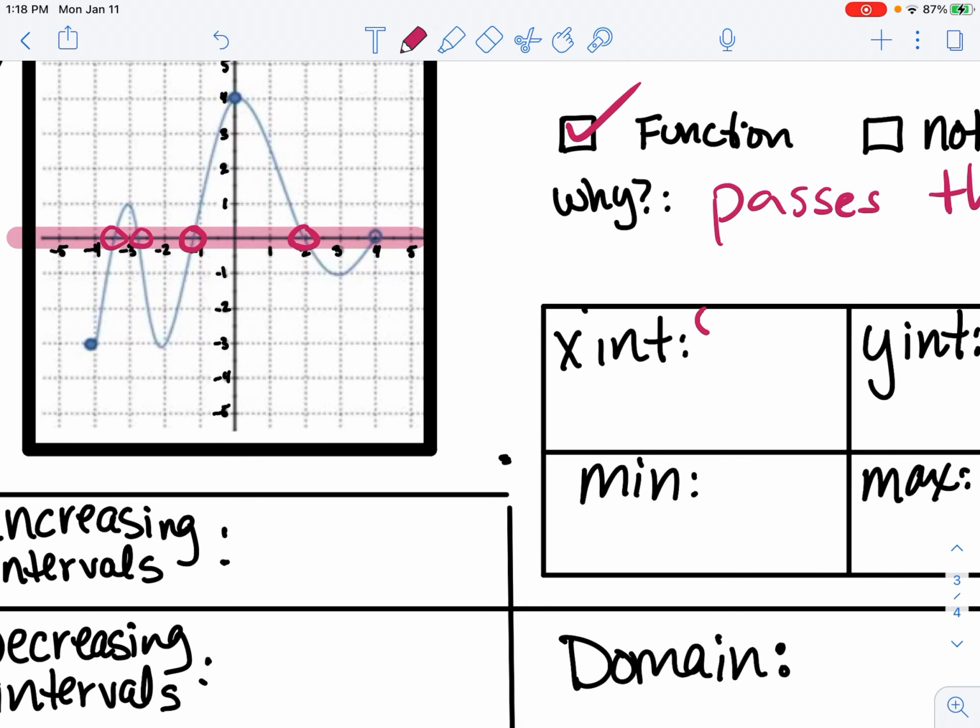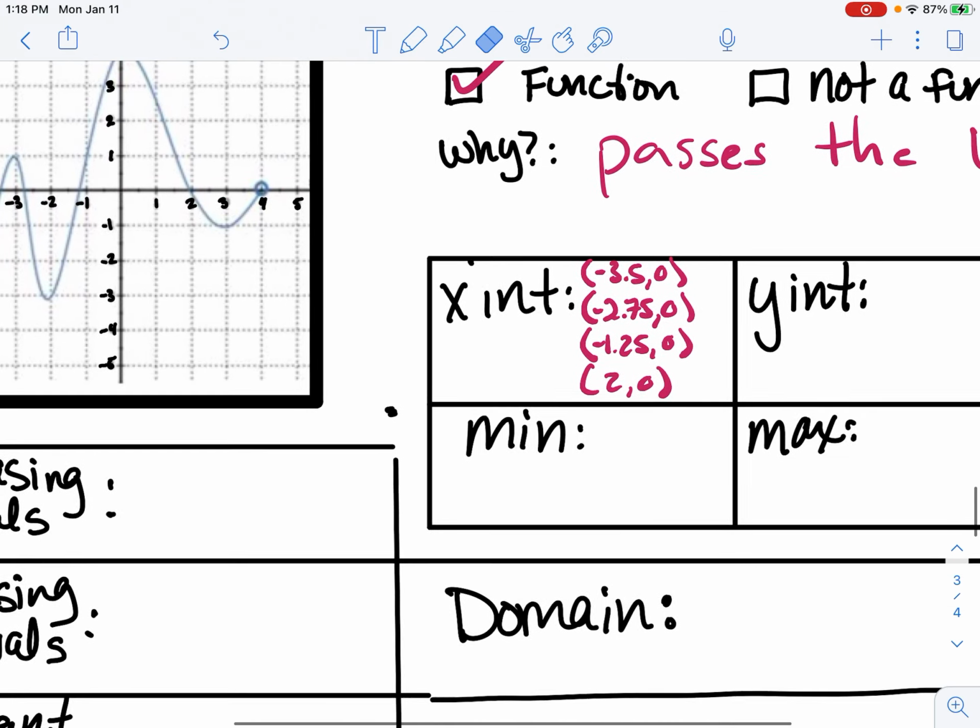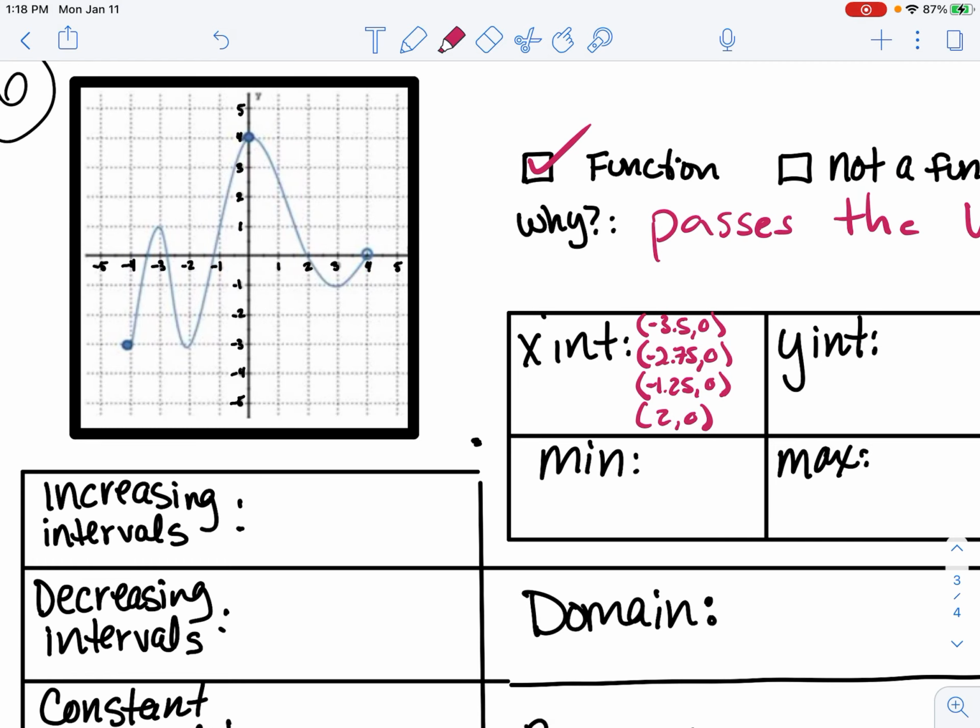So -3.5, -2.75, and these are guesses, it's not exact, -1.25 and 2. Okay. Y-intercept, where it crosses the y-axis, is simply at this point here, 0, 4.